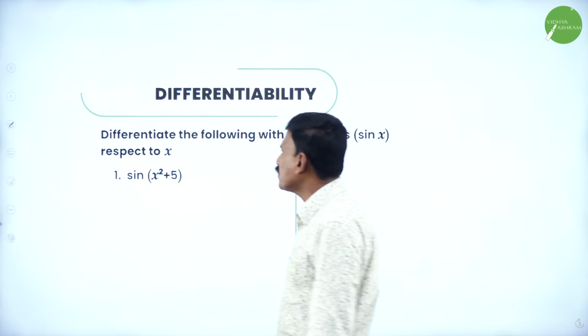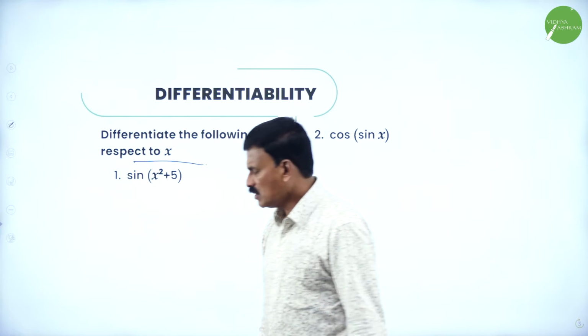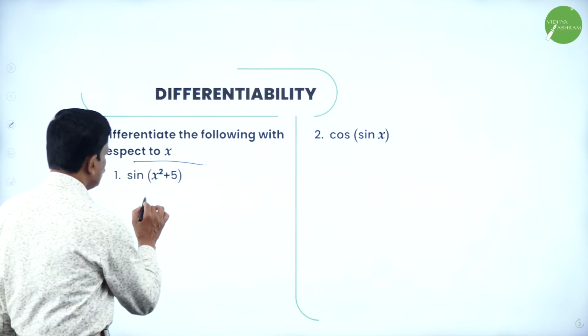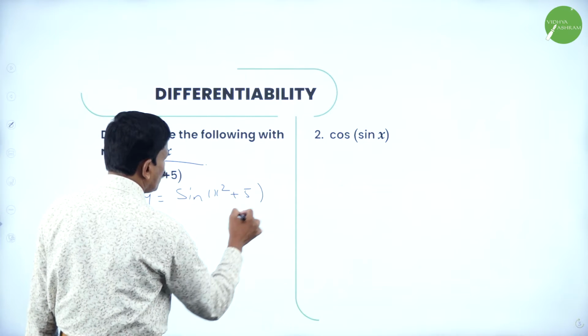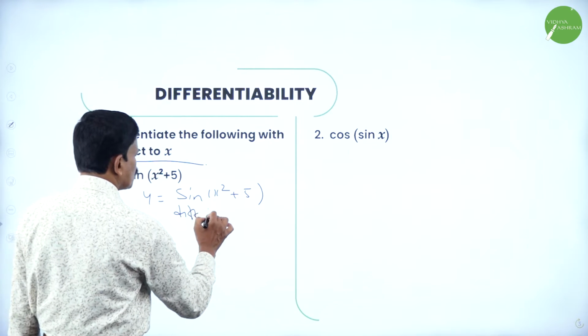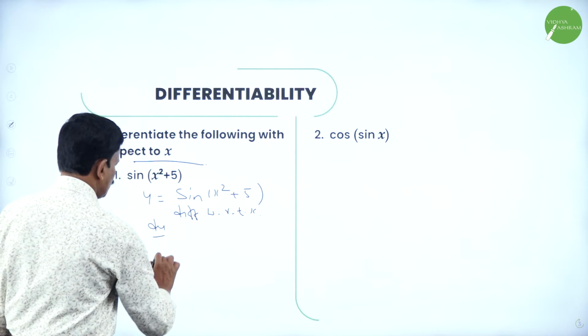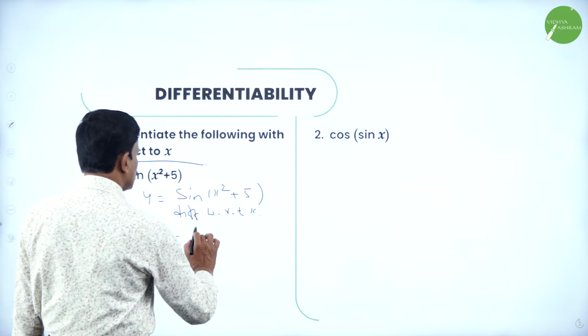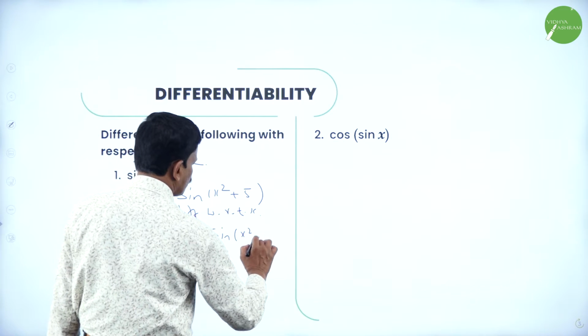Now let us come to this. Differentiate the following with respect to x. Let us consider this as y. y is equal to sine of x square plus 5. Differentiating with respect to x, dy by dx is equal to d by dx of sine of x square plus 5.